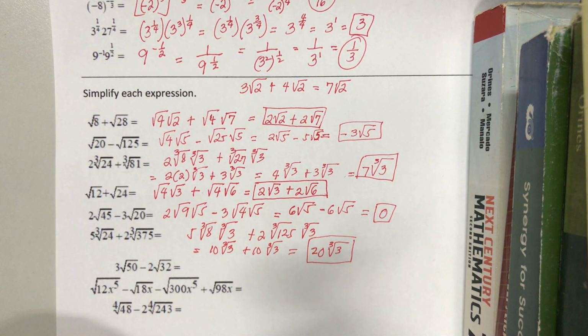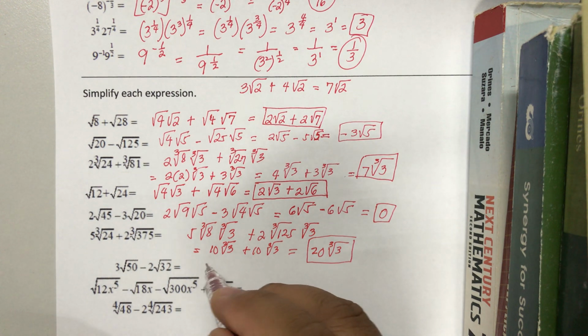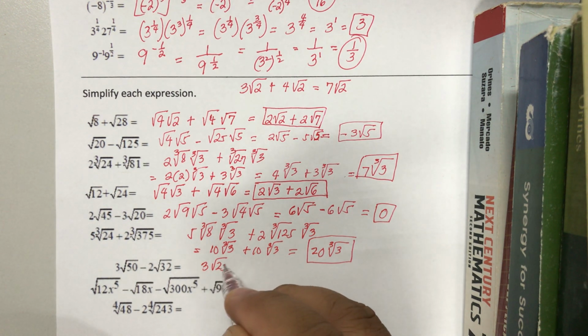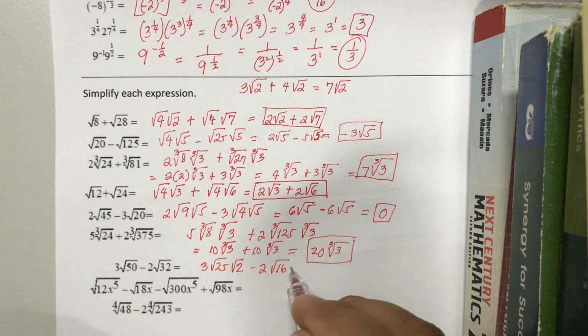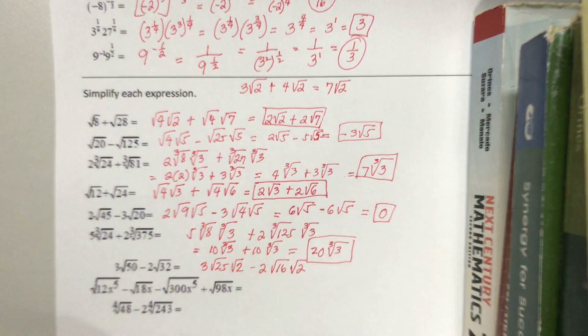Next, 3 square root of 50 minus 2 square root of 32. It will be 3 square root of 25 times square root of 2 minus 2 square root of 16 times square root of 2.